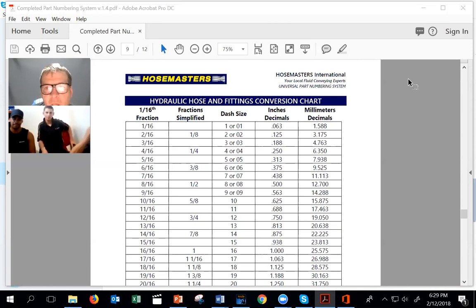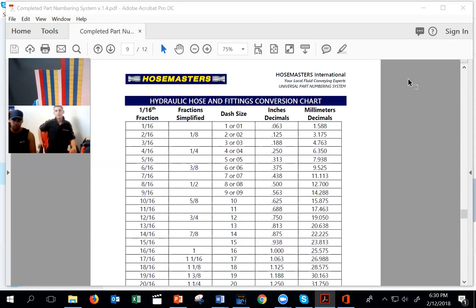Okay, what today is about, and I don't know whether you guys have noticed that on your bins, you have these labels. Now Steve, do you have the part numbering system with you? No. All right, well, we'll just carry on.